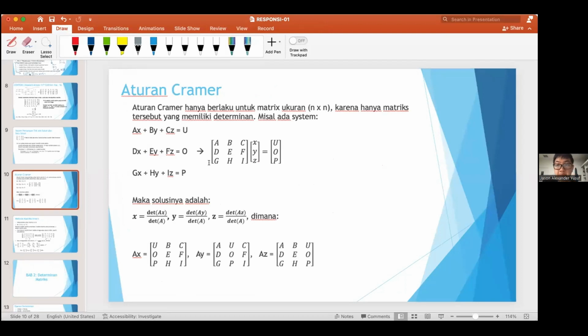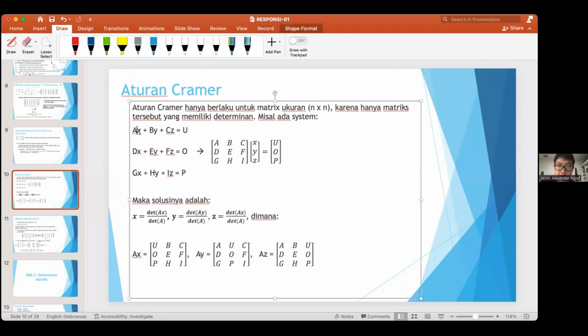So basically, we'll start with Cramer's rule. For Cramer's rule, let's say we have a system that is like this. The first thing that we should do is convert it to a matrix format like this. This is called the coefficient matrix. This is called, if I'm not mistaken, the solution matrix. And this is x, y, z, the one that we're trying to find.